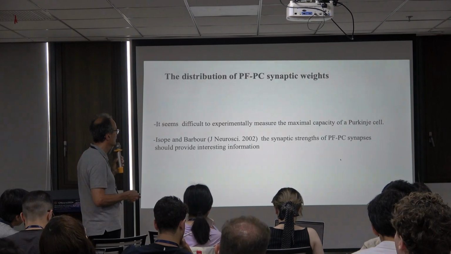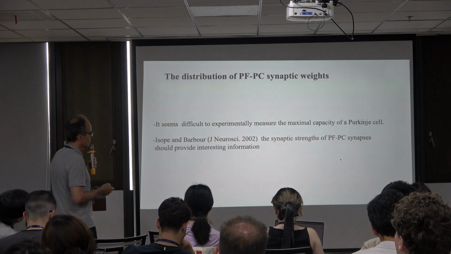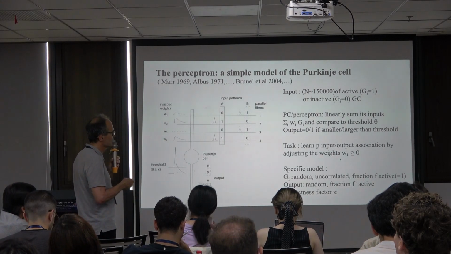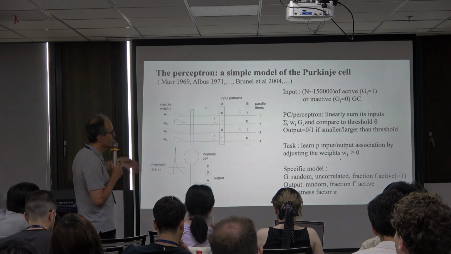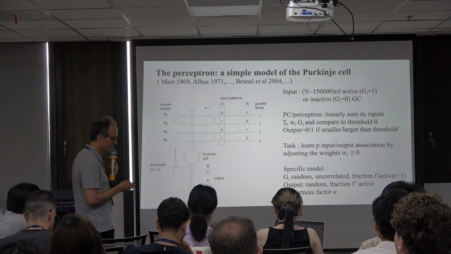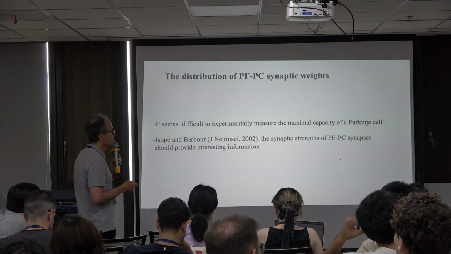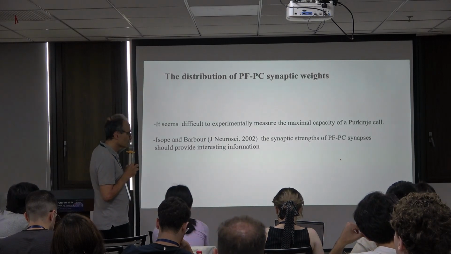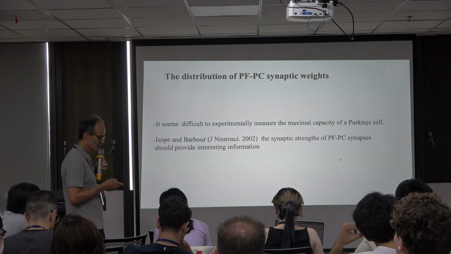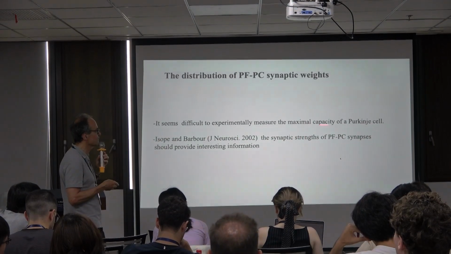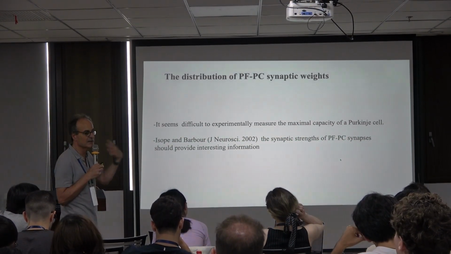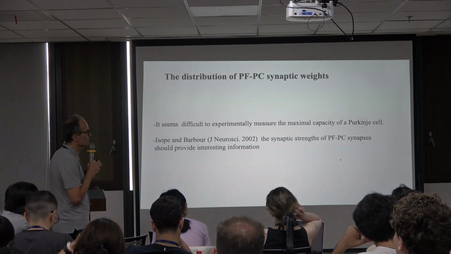So okay, we can use this setting. There are techniques that have been developed to analyze it. But you can wonder if it's worth doing that, because experimentally it's very difficult to measure the capacity of the Purkinje cell, how many associations the Purkinje cell will store.